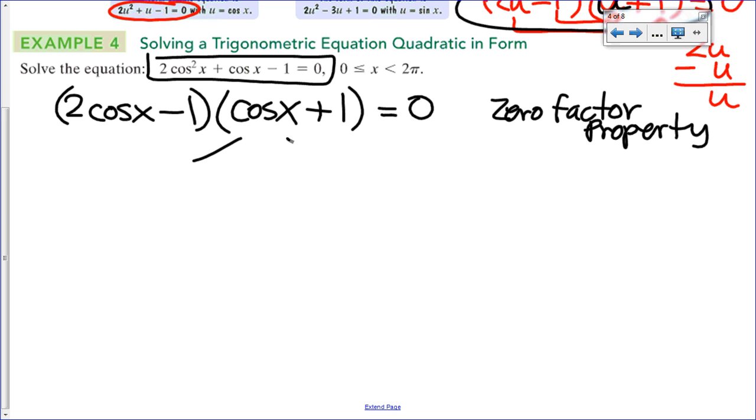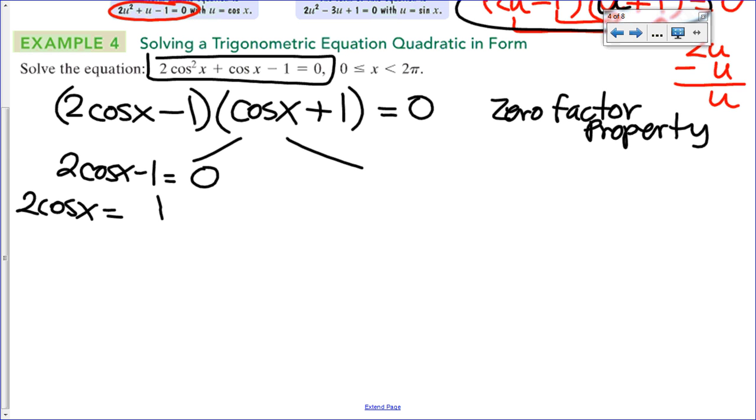So again, now we're having 2 equations. 2 cosine x minus 1 is equal to 0. And now we're going to solve for x, so it will be 2 cosine x is equal to positive 1, right? I took that negative 1 across, negative positive 1. And now what is the 2 doing to the cosine? Multiplying. So we need to do what? Divide.